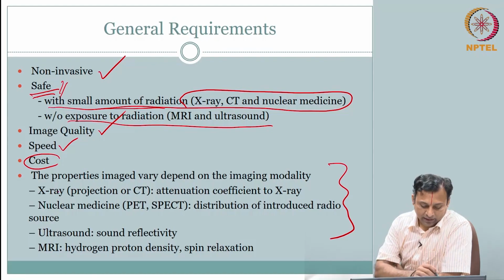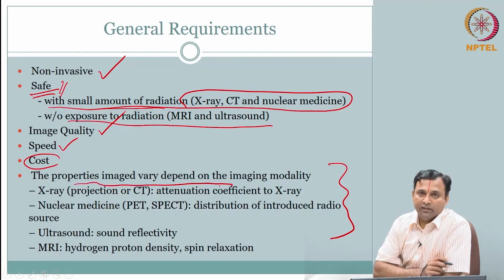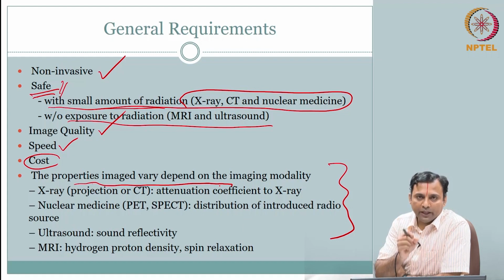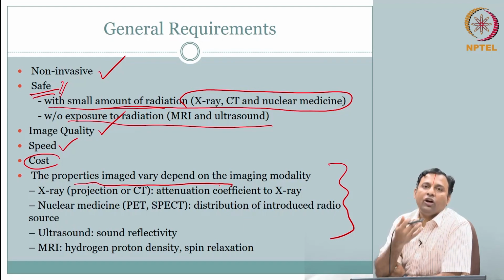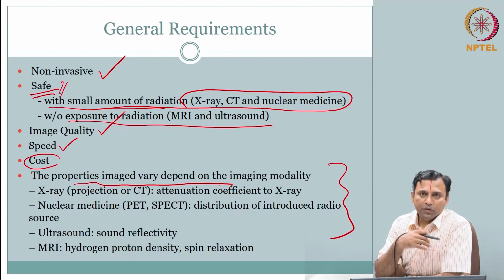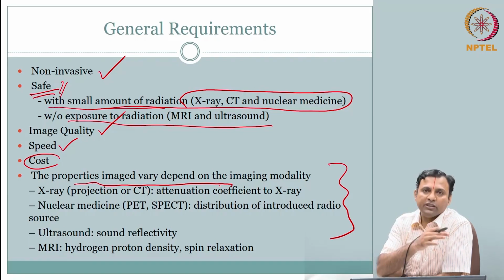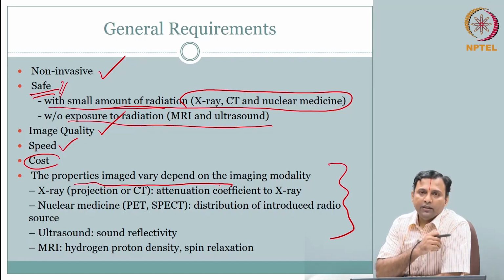So the idea of what we will cover here is what you are going to be imaging using the different modalities. What is the parameter that you are going to capture? The different modalities are capturing different properties of the body tissue, and how it is distributed inside the body using some principle, some signal.